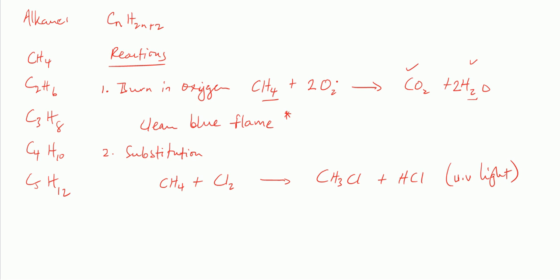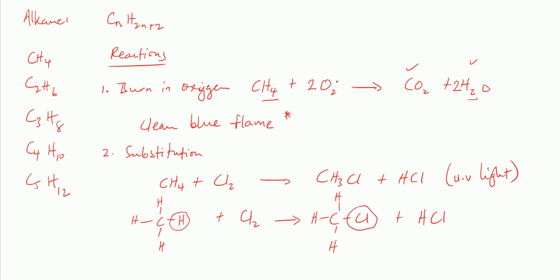So let me show you in terms of structural formula what is happening here. So we have CH4 plus chlorine. What is happening is that one of the hydrogen atoms from the methane is being replaced by a chlorine atom, and that is how we are getting HCl. So this hydrogen here is being replaced by one chlorine atom.